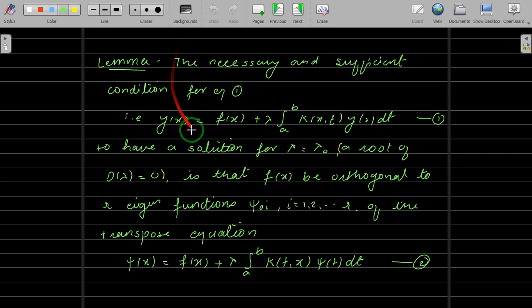And then the next lemma I have given: the necessary and sufficient condition for equation 1, that is y(x) = f(x) + λ∫K(x,t)y(t)dt, to have a solution for λ = λ0, which is the root of your equation D(λ) = 0, is that f(x) be orthogonal to the r eigenfunctions ψ0i of the transpose equation, and this is your transpose equation.